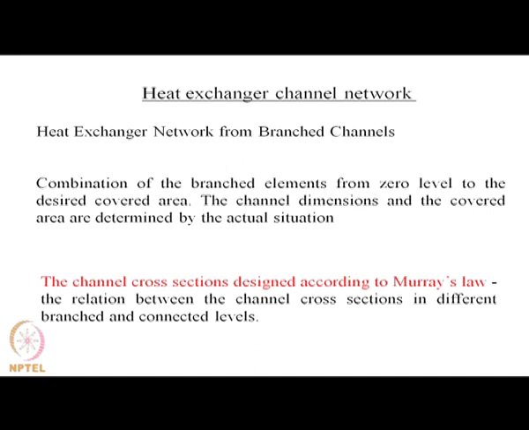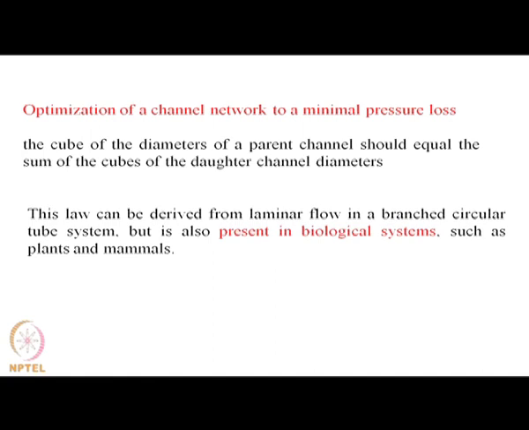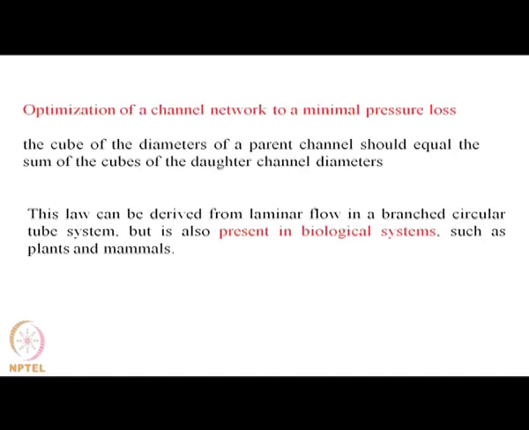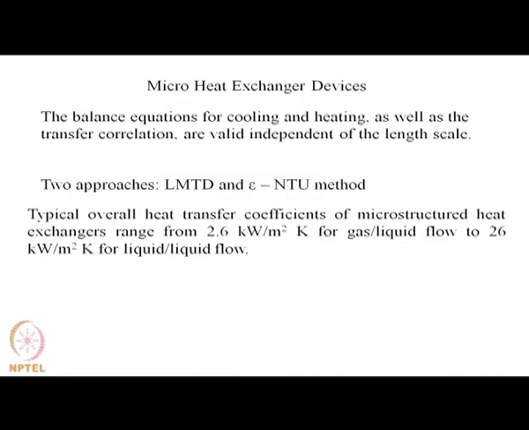The channel cross sections are going to follow Murray's law. Now, when we would like to optimize a channel network, we are going to follow whatever is present in biological systems, such as in you and me, and thereby obtain the channel dimensions.